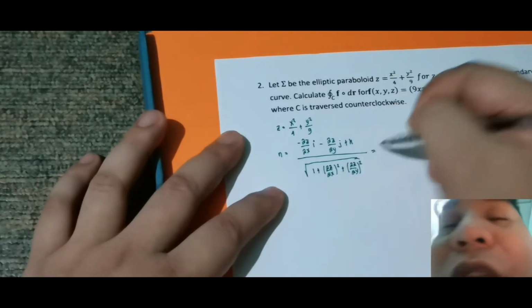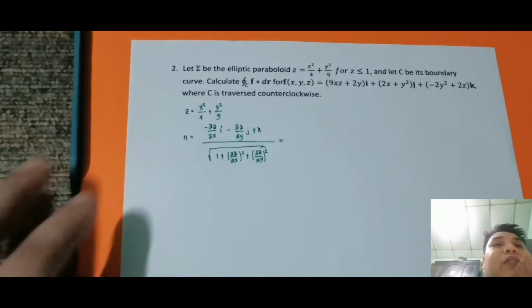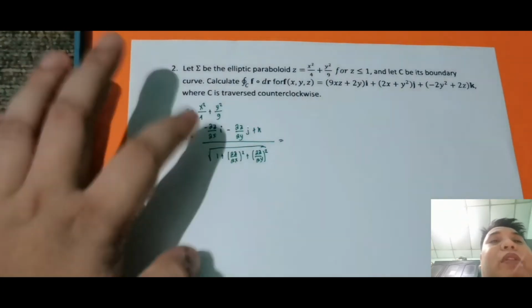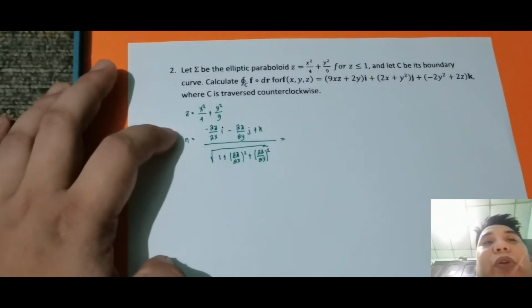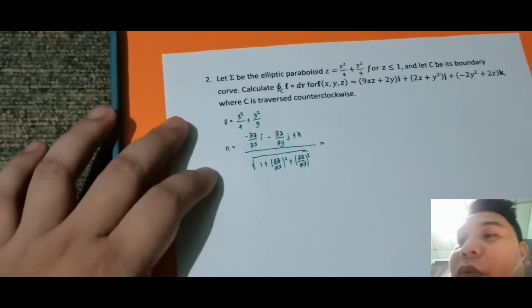So wala namang problema kahit magkabaliktad dyan. Okay, so note that partial derivative of z with respect sa x is just simply equal lang sa 2x over 4 or simply x over 2.